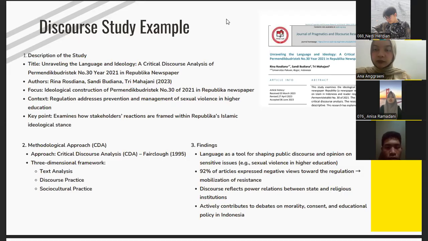The study also highlights how discourse reflects power relations between the state and religious institutions. Moreover, the newspaper discourse actively contributes to debates on morality, consent, and also educational policy in Indonesia.